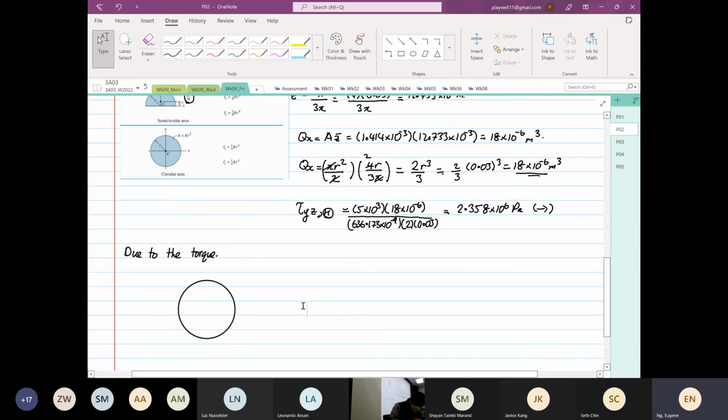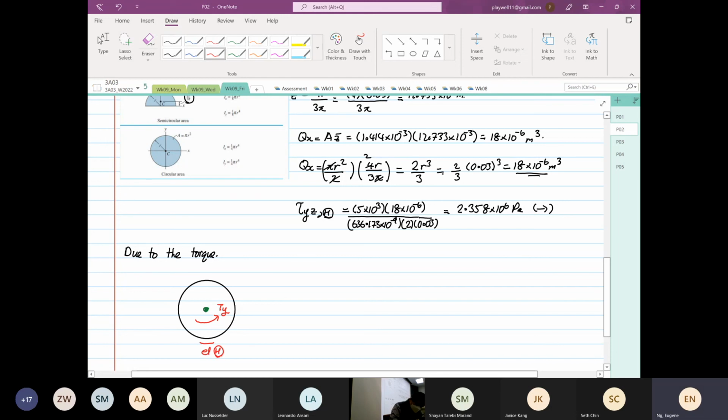Again, this is our centroid, and we are aware that we have a torque going in this direction. This will be our Ty, and here is our element H.